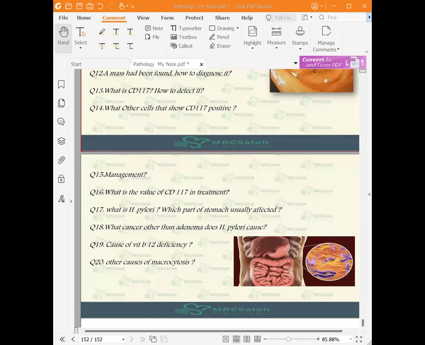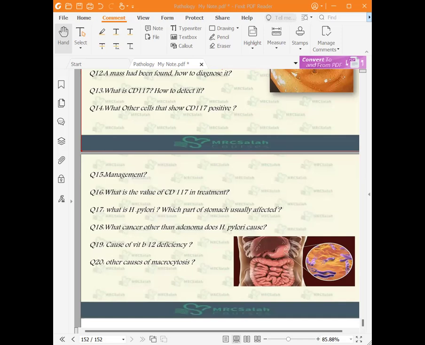Which part of the stomach is usually affected? Helicobacter pylori is a gram-negative, microaerophilic, flagellated bacterium. It is found in the antrum of the stomach. What cancer other than adenocarcinoma does Helicobacter pylori cause? It causes mucosa-associated lymphoid tissue tumor, or MALToma.